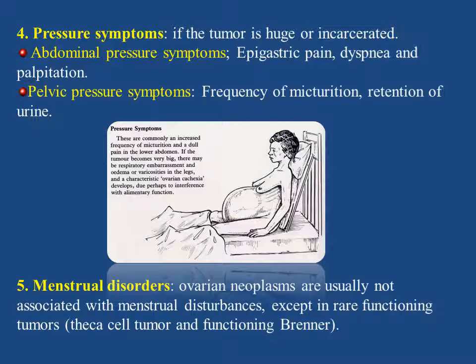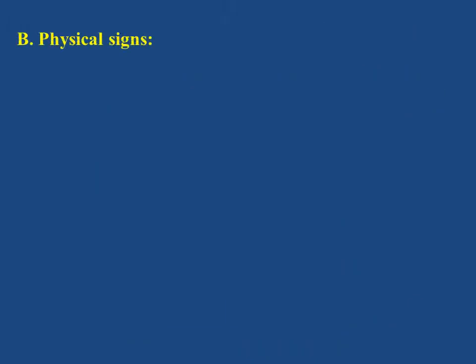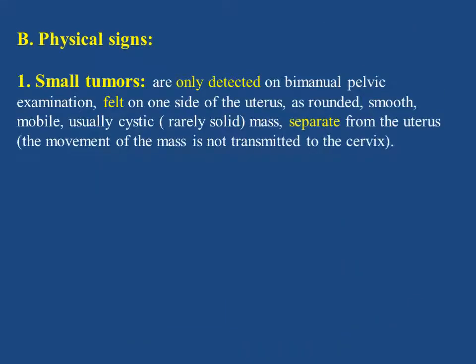Some with functioning ovarian tumors like the theca cell tumor and the functioning Brenner tumor can present with menstrual disorder.